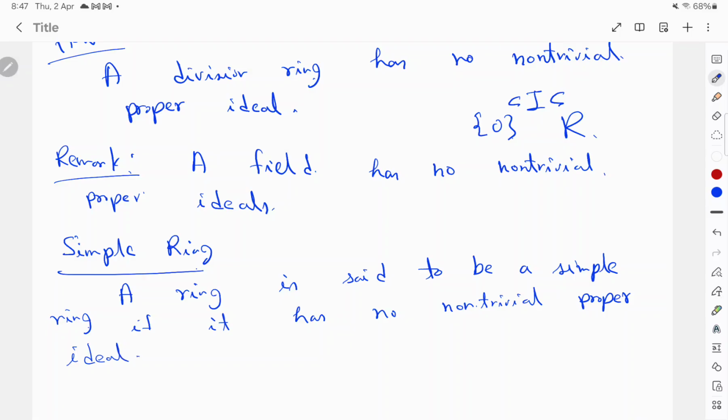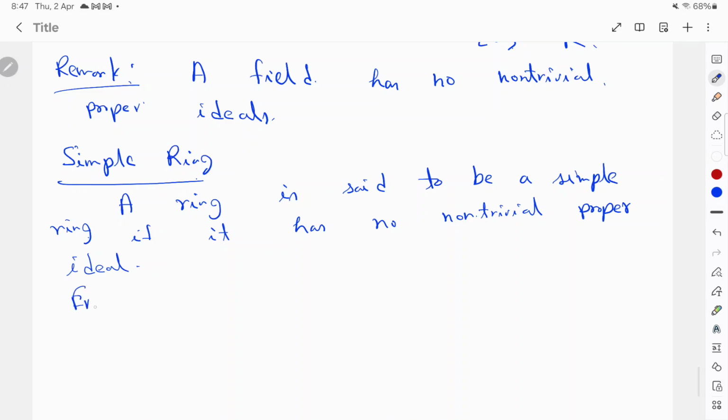A field is a simple ring. So you know, field examples, all that: Q, R, this type of thing.